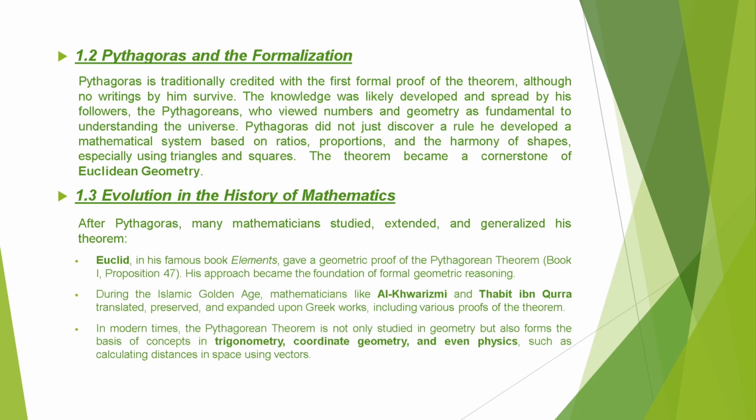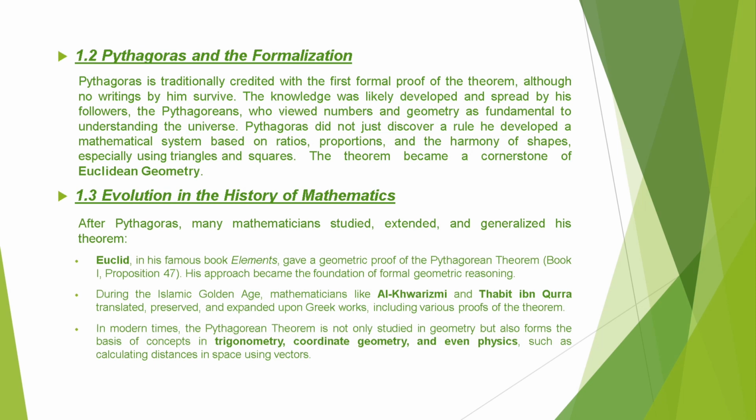Pythagoras did not just discover a rule, he developed a mathematical system based on ratios, proportions, and the harmony of shapes, especially using triangles and squares. The theorem became a cornerstone of Euclidean geometry.